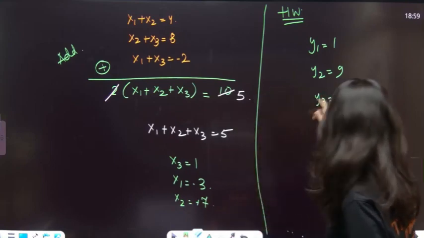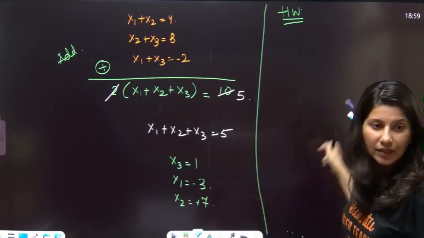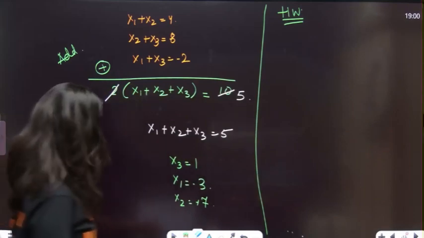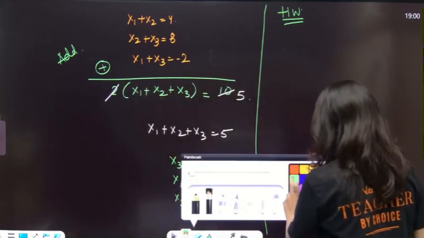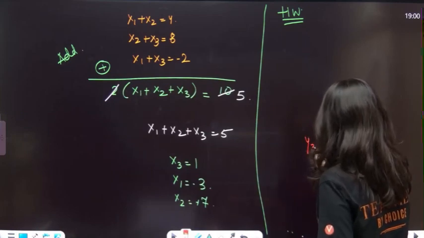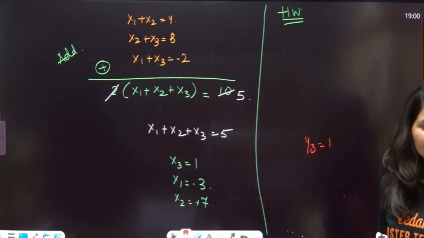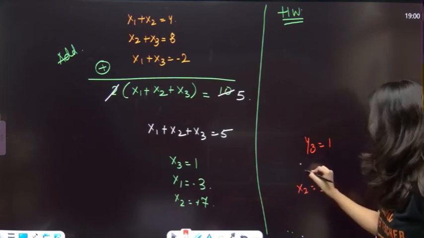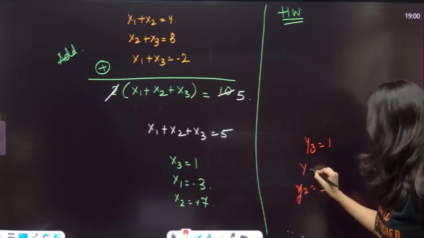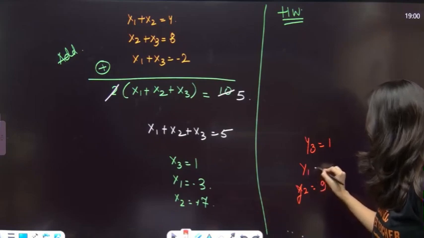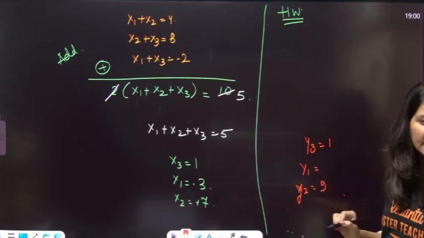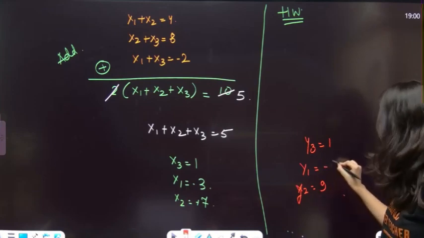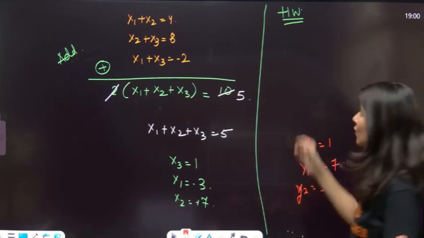Let me write correspondingly: y3 is 1, y2 is 9 and y1 will be minus 7.